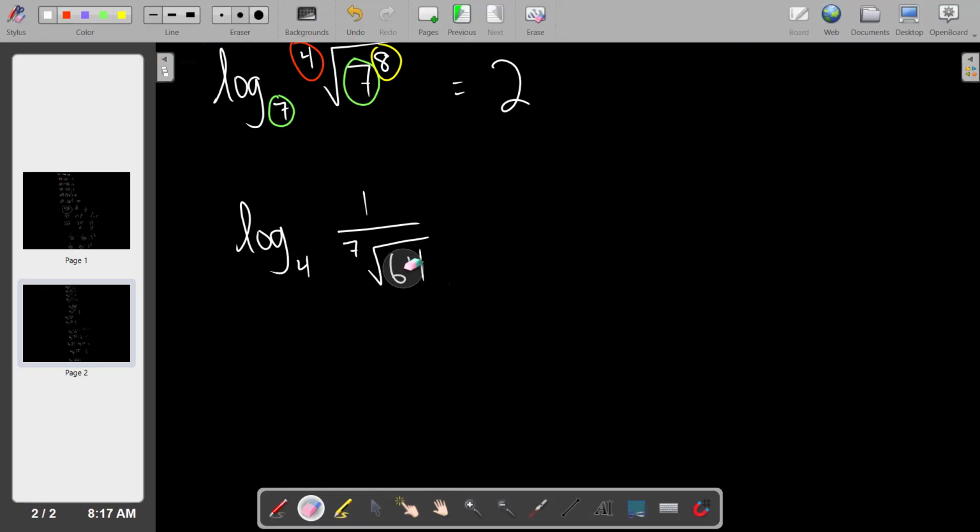I'm going to make 64 into 4 to the 3rd so that this green number is the same as this green number. That's the goal. Matchy match. What's the answer to log base 4 of 1 over the cube root of 64? It is negative 3/7 all day long. Nice job.